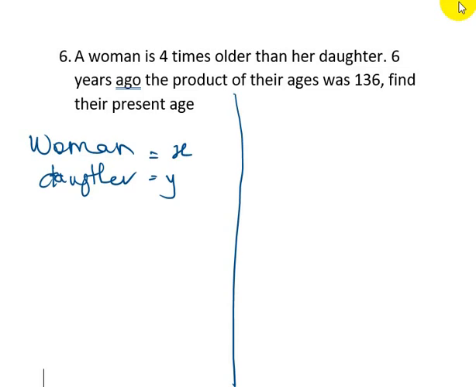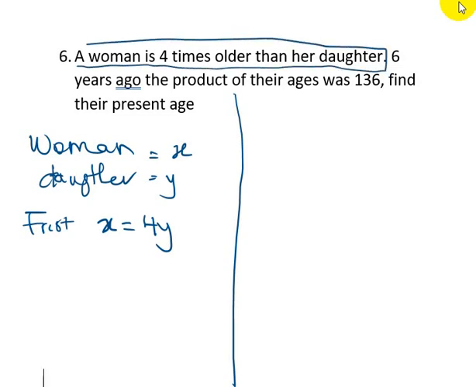How can that be? For the first, we are going to get the woman's age is equal to 4y, because the woman's age is equal to 4 times the daughter. That is what the first statement is saying. That is where it ends.